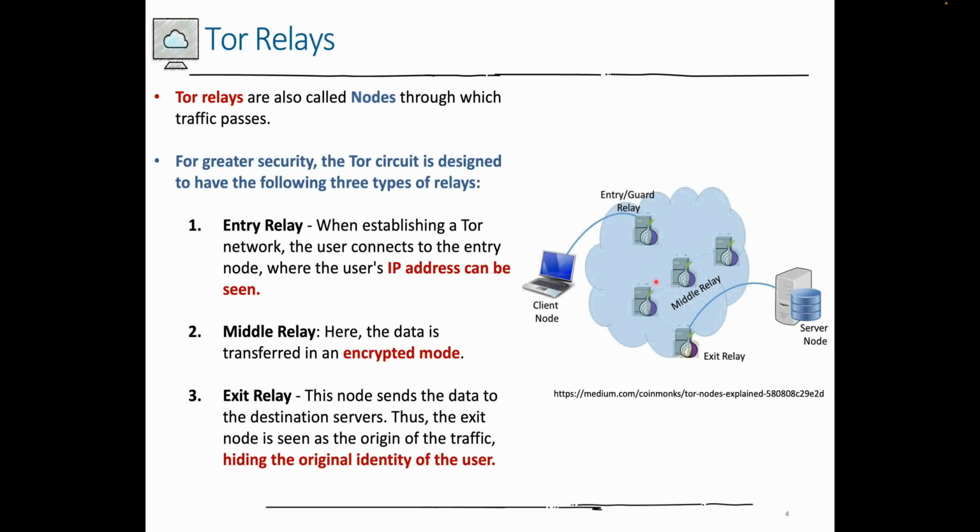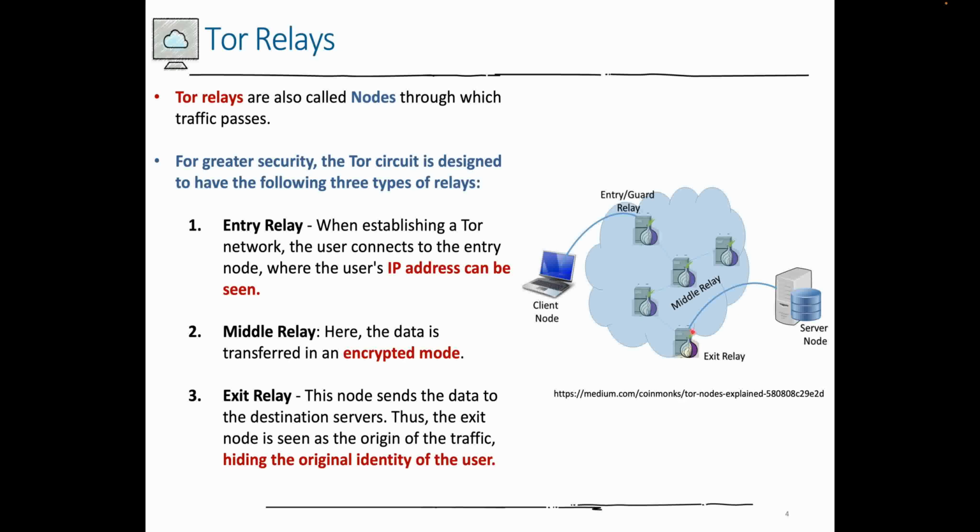The middle relay receives the data from the entry, but unlike the entry relay, it cannot see the user's IP address. This is very important. Its role is to transfer the encrypted data packets to the next node, typically the exit relay, without knowing the source or the intended final destination.